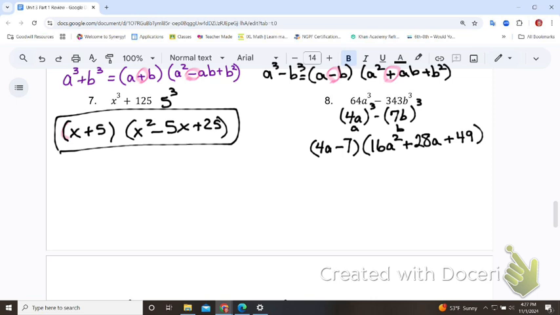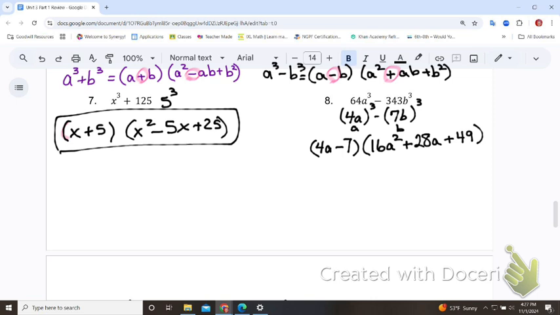And once again, if you are not confident in your factoring, you all are great at distributing and multiplying. You could distribute things out to check to make sure it works. We will have done a couple of those in class, and you should see that some things cancel out so that all you're left with is 64a cubed minus 343b cubed.